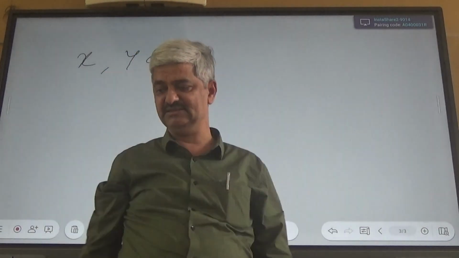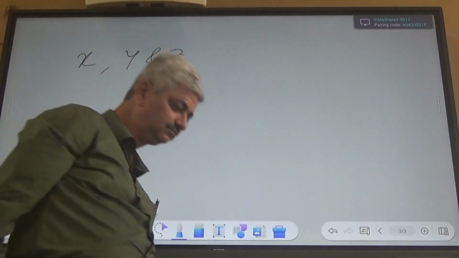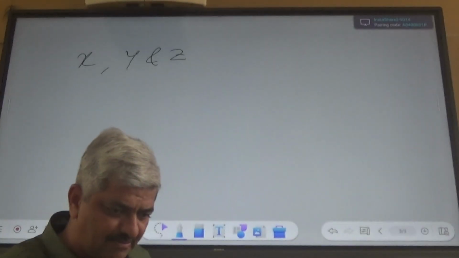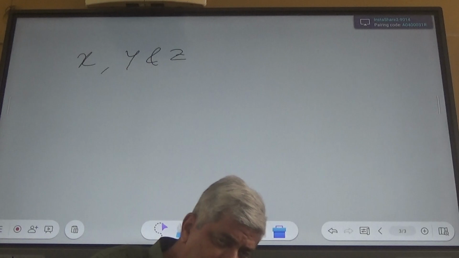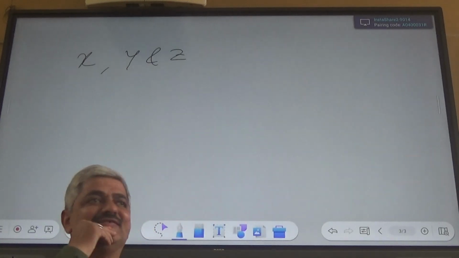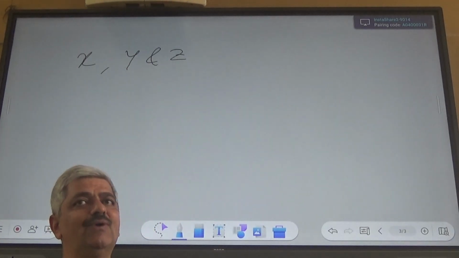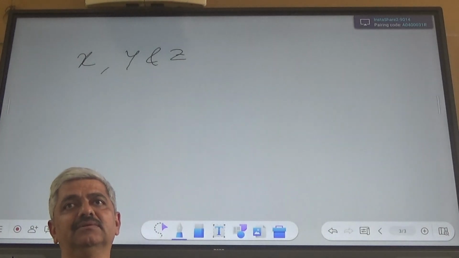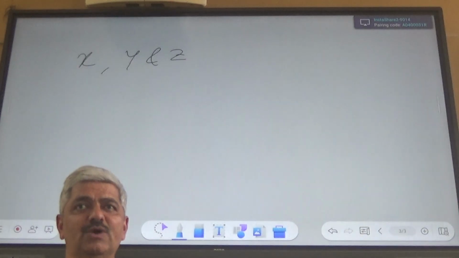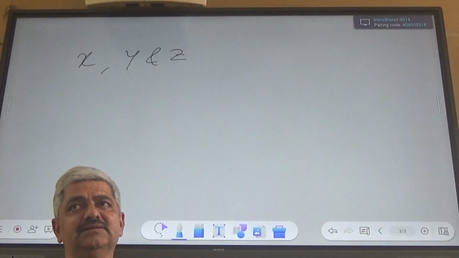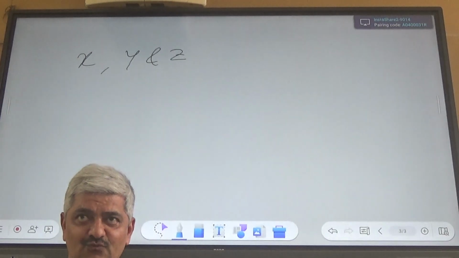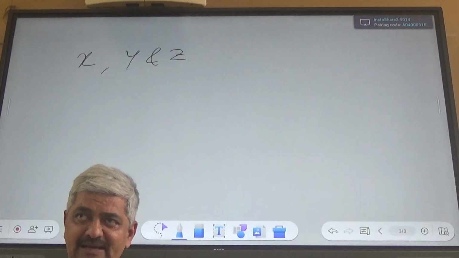Now let us talk about an equation with 3 variables. What will one equation with 3 variables represent? It will represent a plane.